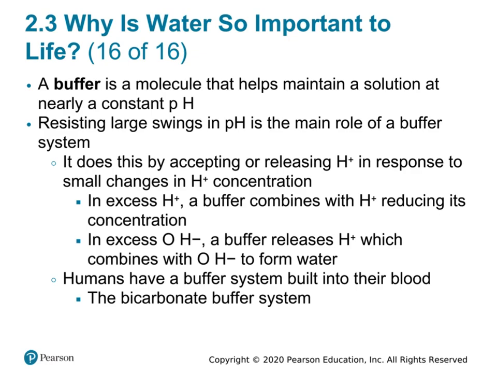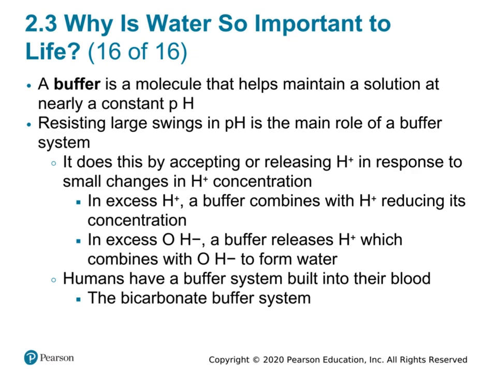If you start to see an increase in hydroxide ions or a decrease in hydrogen ions, then a buffer will release hydrogen ions from those molecules where they had previously tied up those hydrogen ions, in order to add hydrogen ions and make a solution less alkaline and more acidic, essentially maintaining a pH or keeping it near neutral. Humans actually have a buffer system built into their blood.